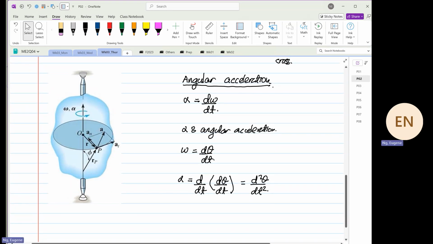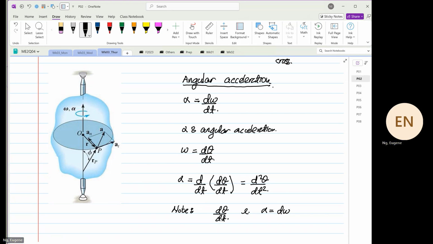And with this relationship, note that omega is equal to d theta over dt, and we also know that alpha is equal to d omega over dt.